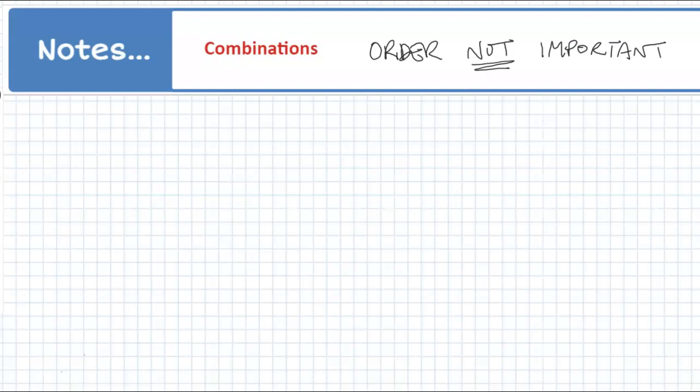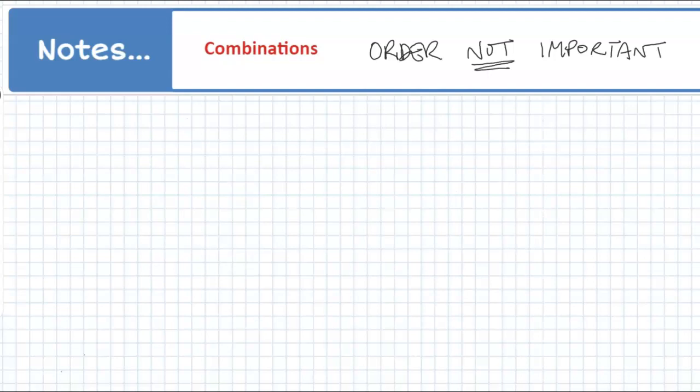Whilst if you're just saying, I've got a bunch of people and I want to select three of them, and they're just going to be representing that group, and the order in which they're selected is of no importance whatsoever, they're just being selected, then that's a combination. The order is not important.